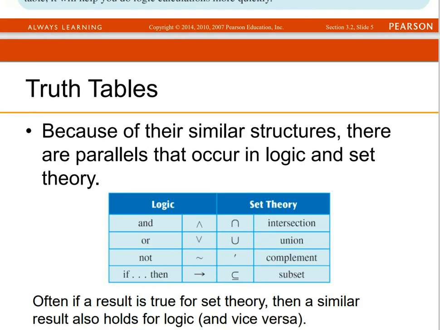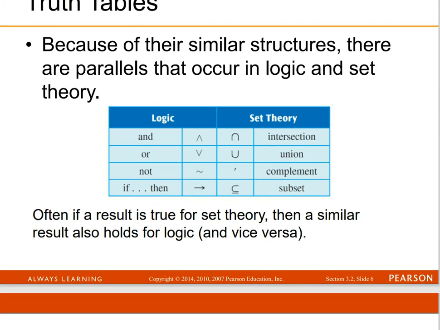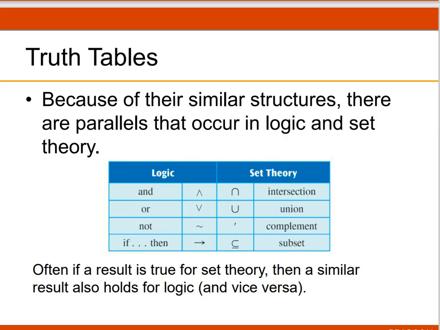Okay, now this slide says, because of their similar structures, there are parallels that occur in logic and set theory. And remember that the set theory, we did that in chapter 2. And you can see that the set theory symbols were for intersection, union, complement, and subset.